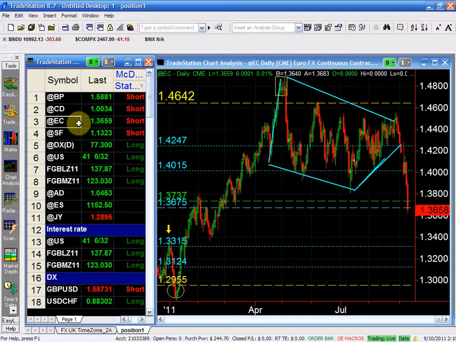I think it is the most bearish chart pattern, the number one bearish chart pattern that you can have, and we have broken to the downside as of last week from the chart pattern.